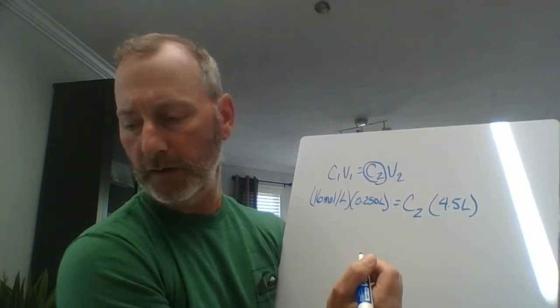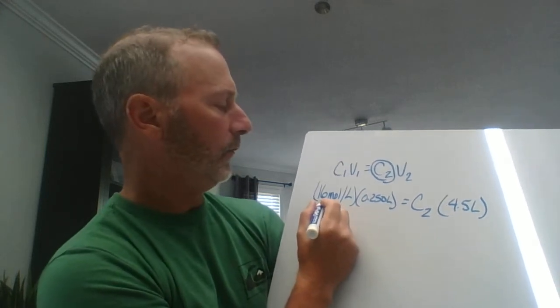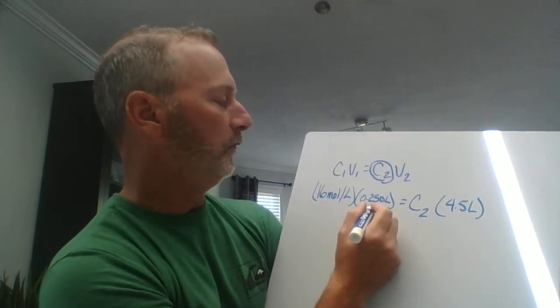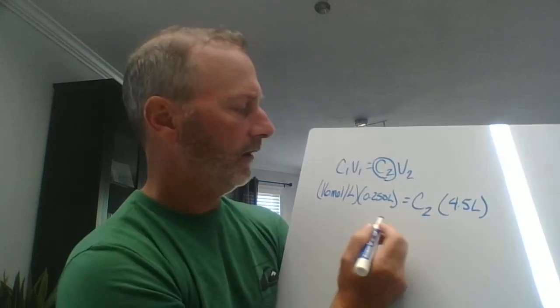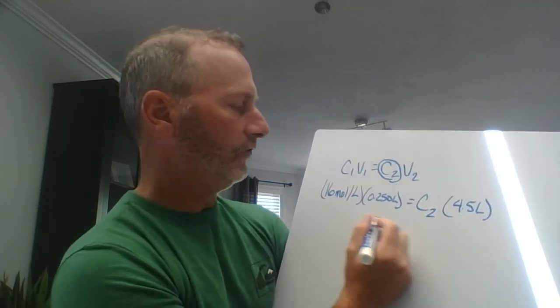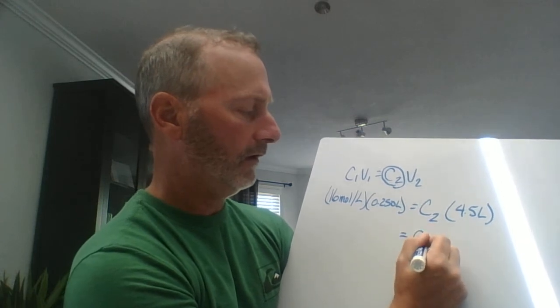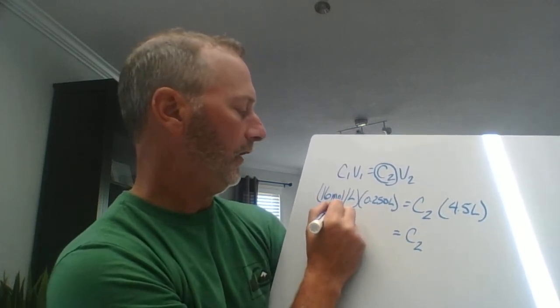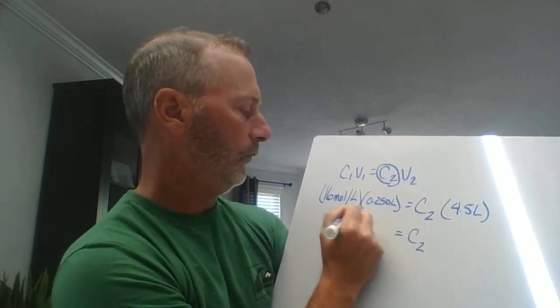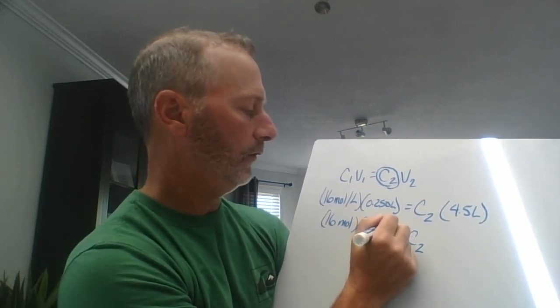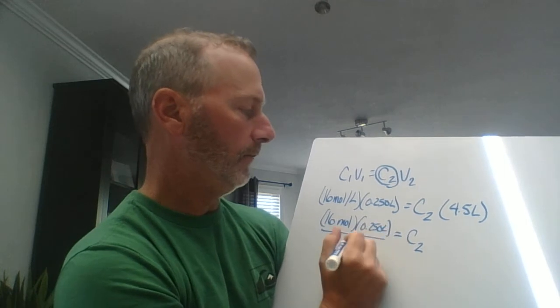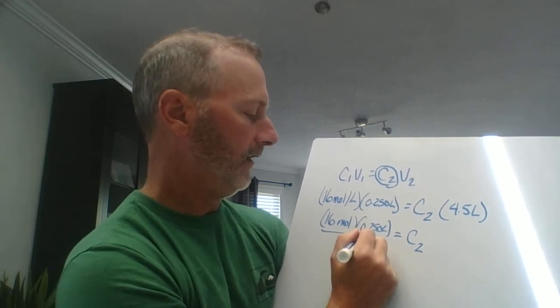Okay, so when we do that particular one, we're going to multiply 16 times 0.25, which I don't have in my calculator. But when we rearrange it, essentially what we're going to end up with is our final concentration is going to be 16 moles per liter times 0.250 liters divided by 4.5 liters.